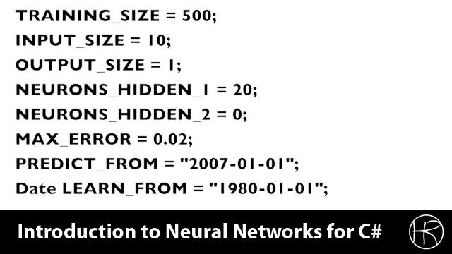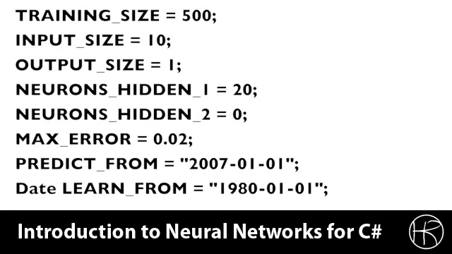A larger value than this, however, would take longer to train. A smaller value would train faster, but it would not give as precise of predictions. The input size specifies how many input neurons we're going to use. If we specify an input size of 10, that means that we are going to use a trailing 10 S&P 500 financial values, the current location of the S&P 500, and we're going to use 10 values from the prime interest rate.